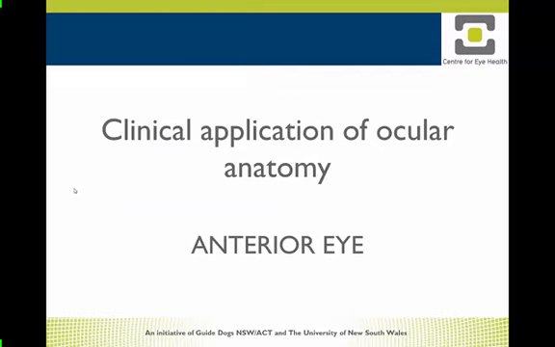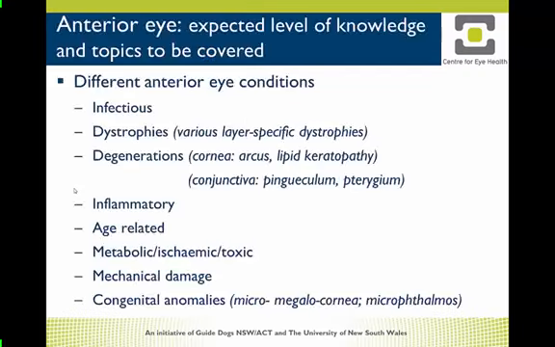So let's have a look now at some examples of anterior eye imaging, anterior eye conditions. Like any condition in the body, the anomaly could be due to some type of infection, a dystrophy, a degeneration, secondary to some type of inflammatory disease, it could be age-related, or it could have some type of metabolic, ischemic, or toxic cause.